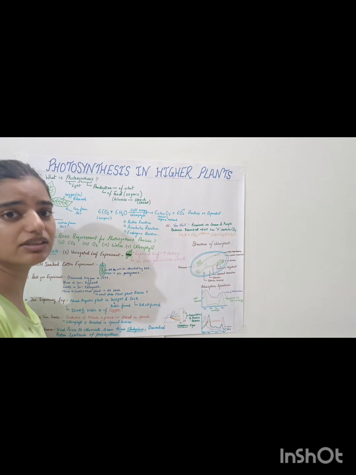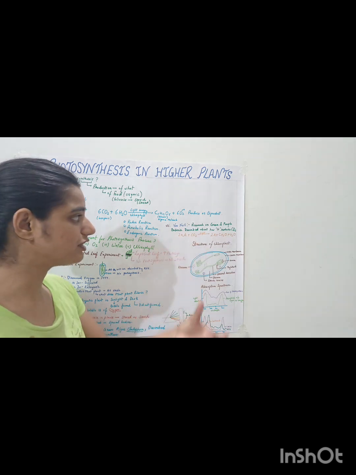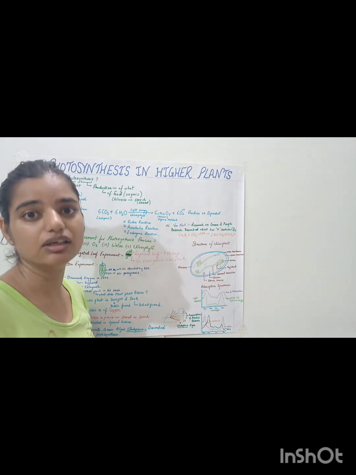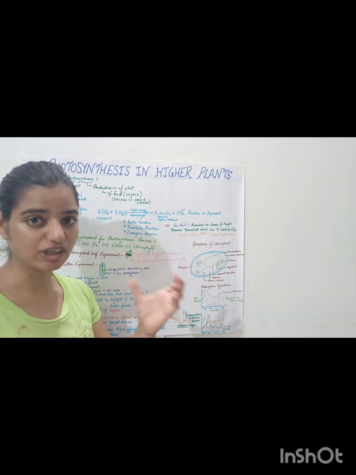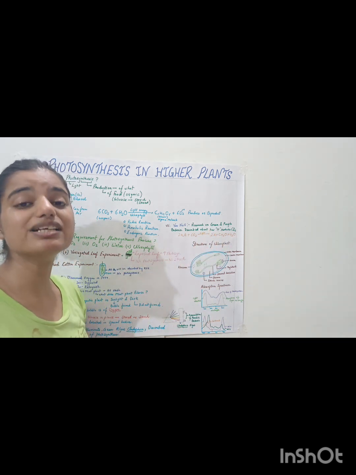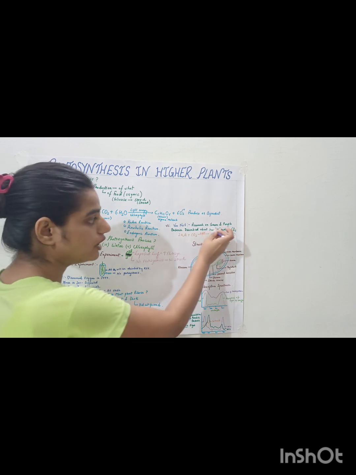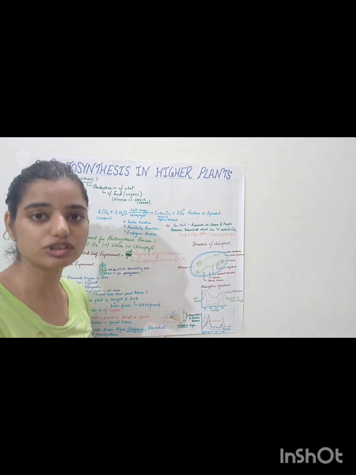Next experiment is the Engelmann experiment. No wait, Van Niel's experiment. He studied the green and purple sulfur bacteria, where he said that the hydrogen from a molecule is required to reduce the CO2.